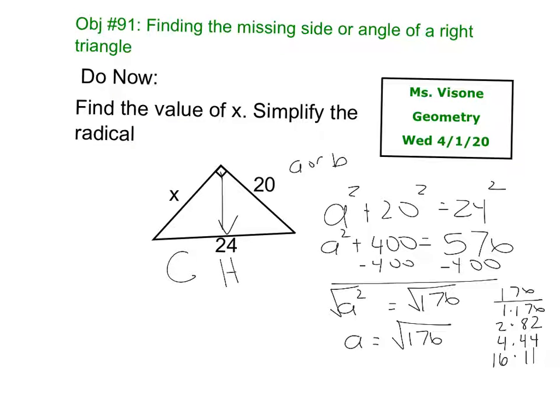That's it. 16 and 11. So we can simplify this. So we're going to make that 16 times 11. The square root of 16 times the square root of 11. So x equals, or a, 4 root 11. So that's our simplified answer.